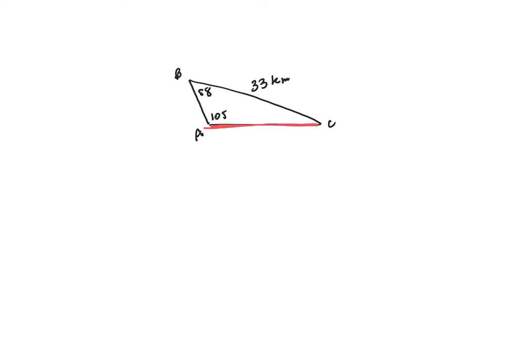It looks like we have all of the information that we need. We have this angle, and this side is opposite. So I could say the sine of 105 over 33 is going to equal, we'll do this in green, the sine of 58 over my side length, which in this case we'll call b.